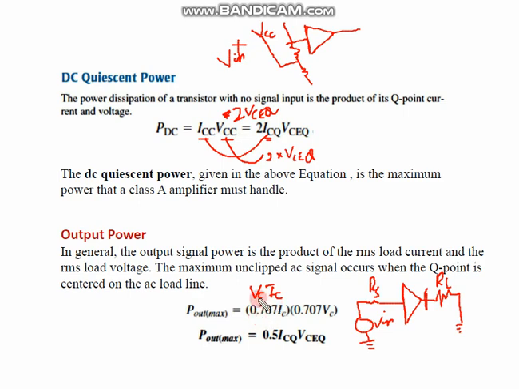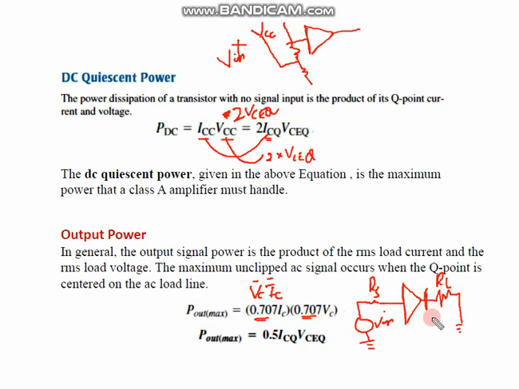Since the AC signal is given, this output power is the output AC power. So this is the AC voltage value, this is the AC current value. I can put these as RMS values: 0.707 times IC and 0.707 times VC.